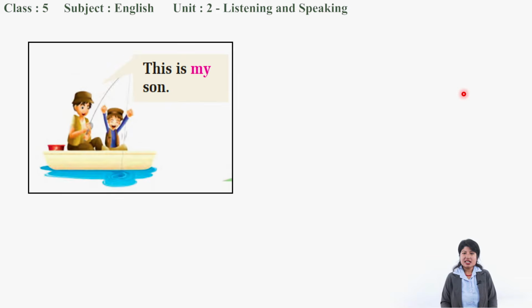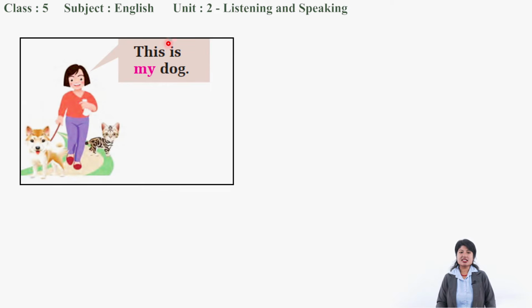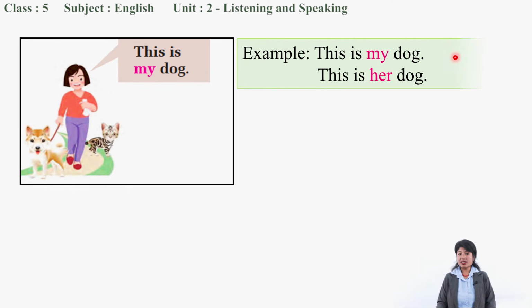He's saying, "This is my son." We can report it: "This is his son." Okay, next one. "This is my dog." If she says, "This is my dog," we can say, "This is her dog." With this, we have completed our activity A.